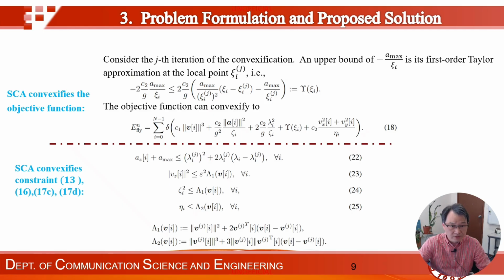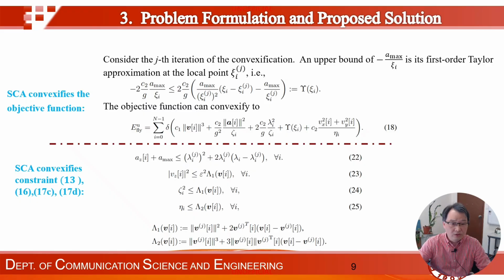By doing this, the objective function can be convexified, resulting in a new form of the problem shown in equation 18. Likewise, SCA is utilized to convexify several non-convex constraints, including constraints 13, 16, and 17. The convexified versions are given in 22 through 25.